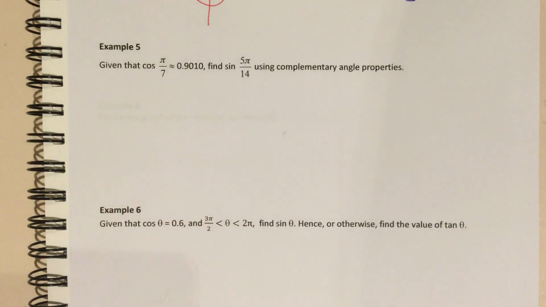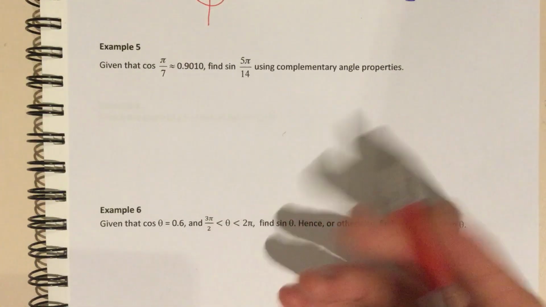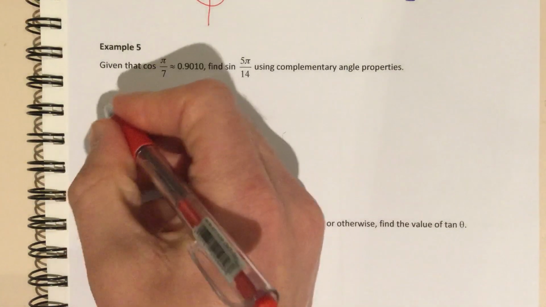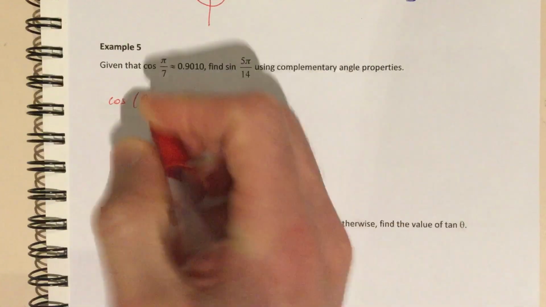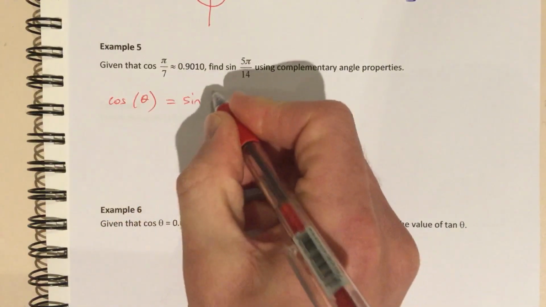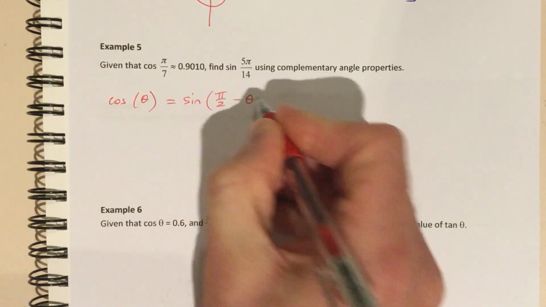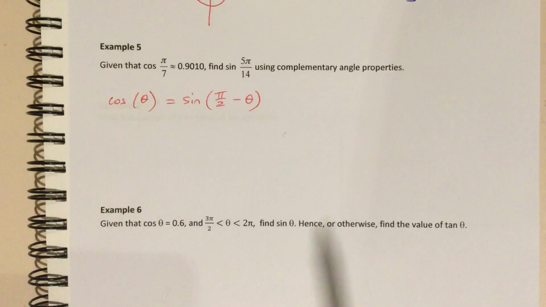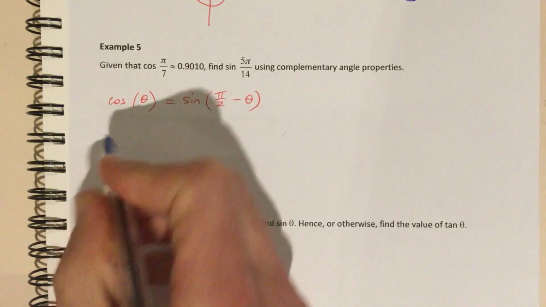And we know that our complementary angle rule says that cos of theta equals sine of pi on 2 minus theta.